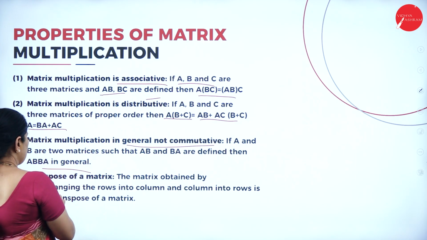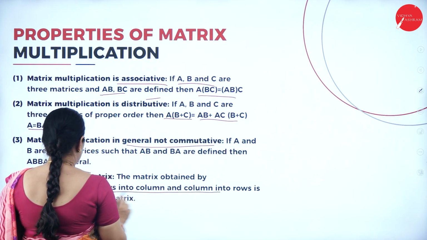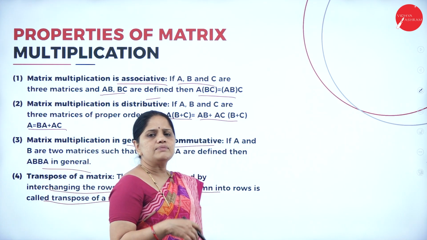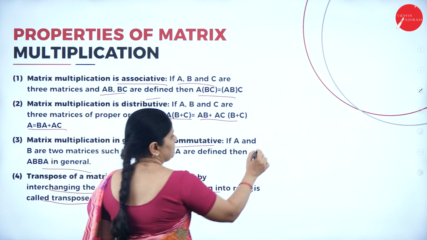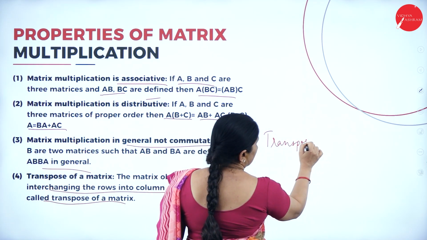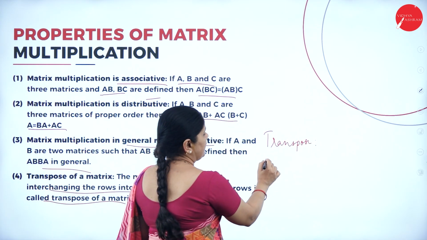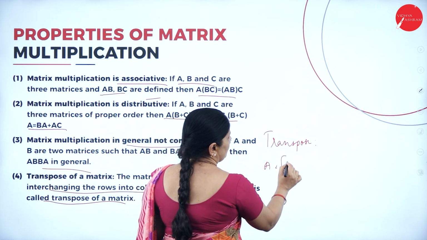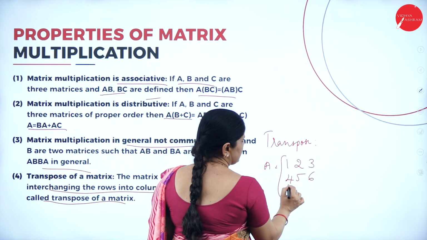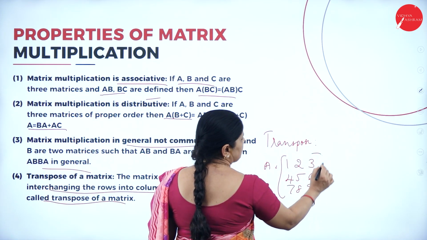The transpose of a matrix is obtained by interchanging the rows into columns and columns into rows. Now what do we mean by transpose? Suppose I have a matrix A equals 1, 2, 3, 4, 5, 6, 7, 8, 9.